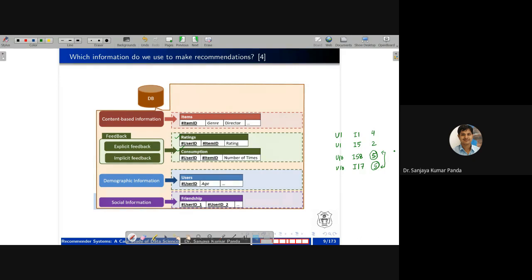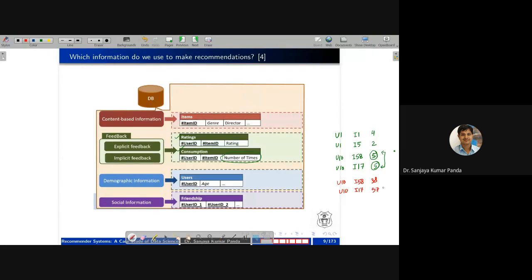But when you go for the consumption table, we are maintaining the number of times as well. So the number of times says that suppose U10 has listened to I58 for 38 times, or you can say U10 listened to I17 for 57 times, right?